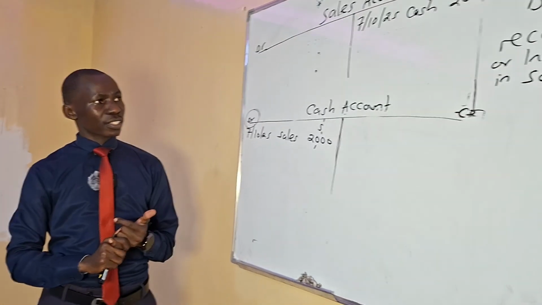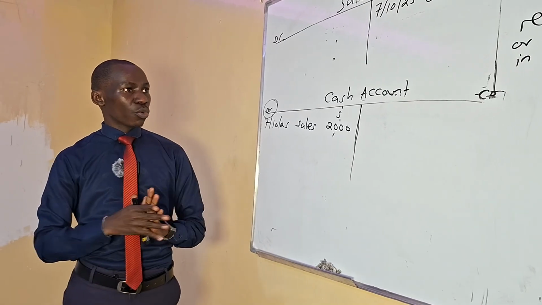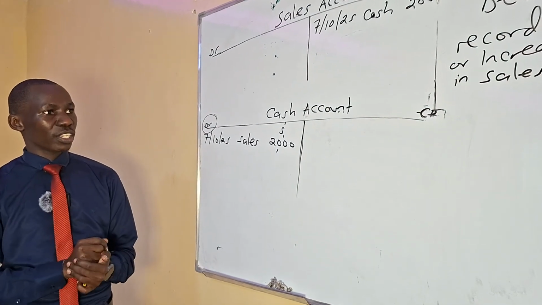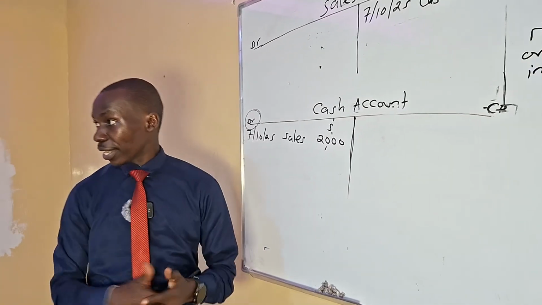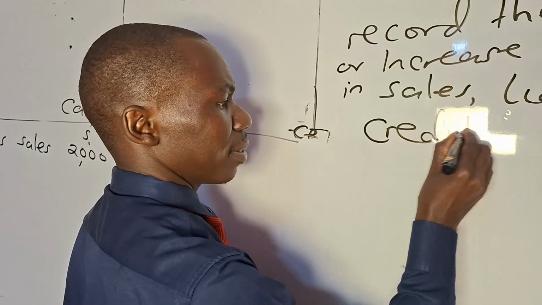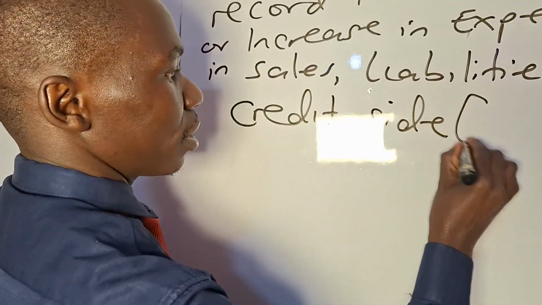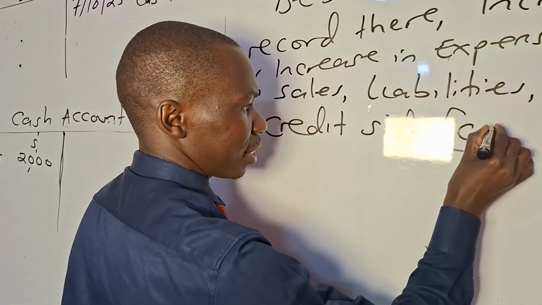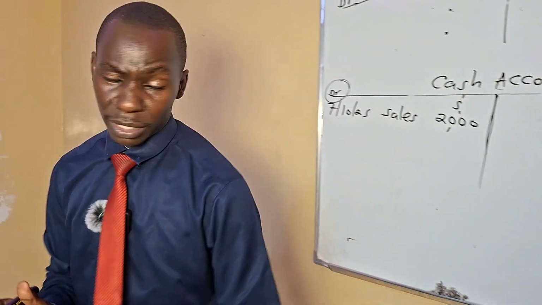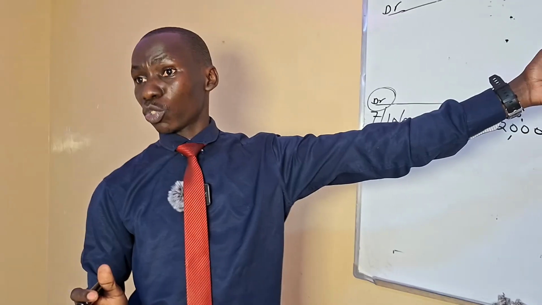We have assets, if it is increasing, increase in expense, decrease in sales, decrease in liability, decrease in equity, or decrease in income. Then we have the credit side, and I told you it is abbreviated by CR. My accountants, my students, please don't forget this principle of double entry.